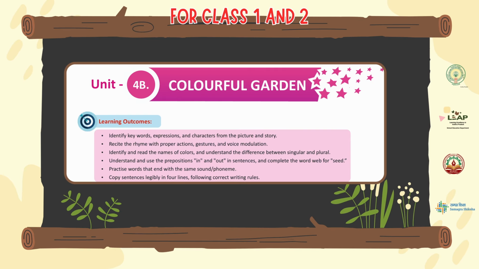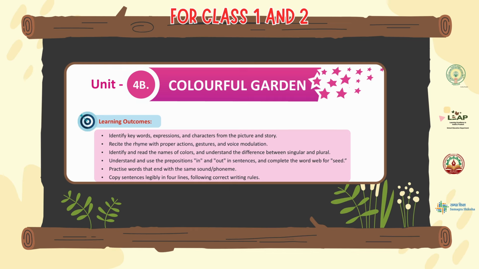Next one, understand and use the prepositions in and out in sentences and complete the word web for seed. Next one, practice words that end with the same sound, that is phoneme. And the final one is copy sentences legibly in 4 lines following correct writing rules.